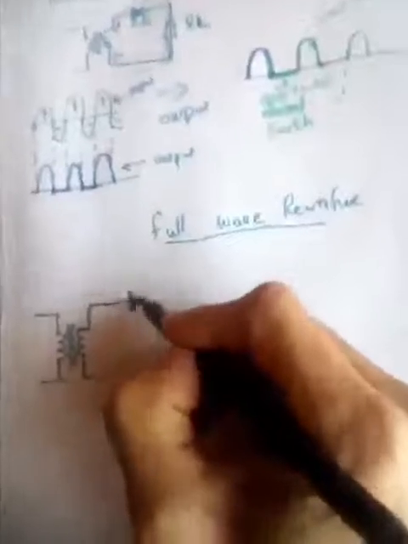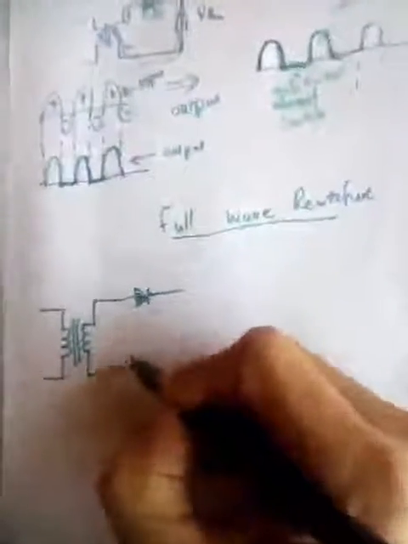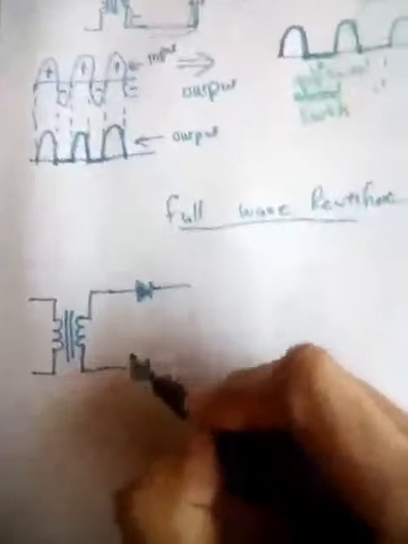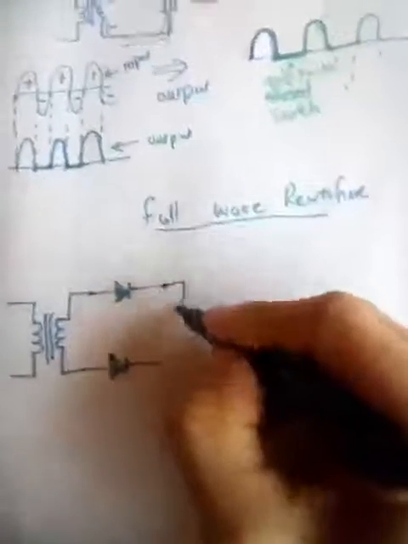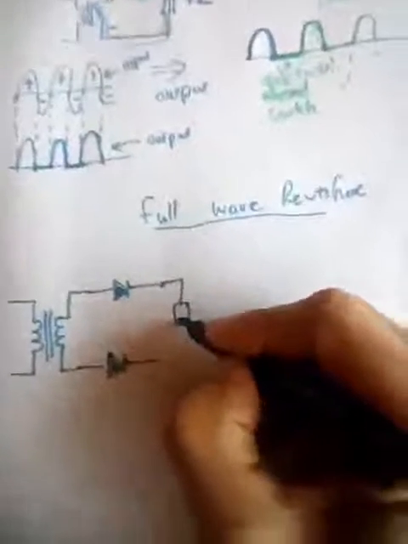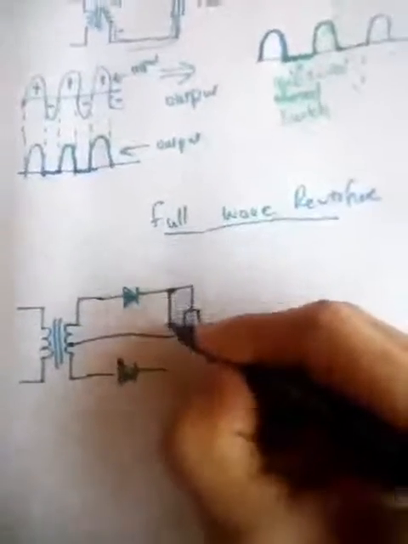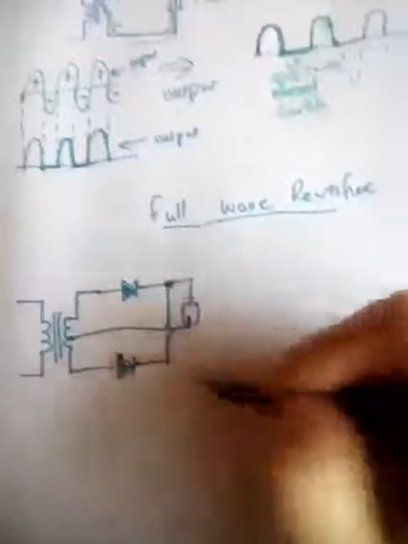There's a transformer, one resistor and another resistor. Okay, and then the load resistor and the center tap, so it goes there.